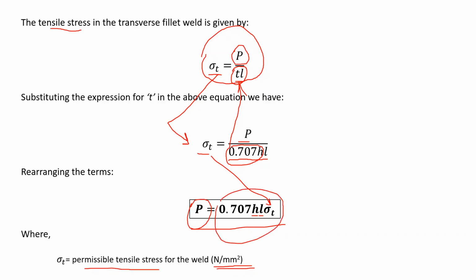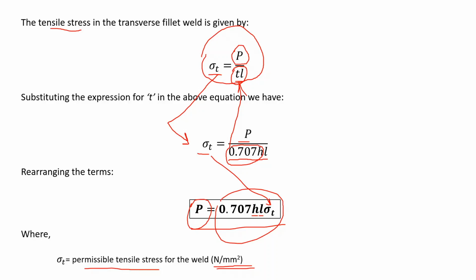Now as I told you in the previous lecture, we rarely use a single transverse fillet weld, because if we use a single transverse fillet weld, the edge which is not welded will warp out, because of which the total strength of the structure will be very less.